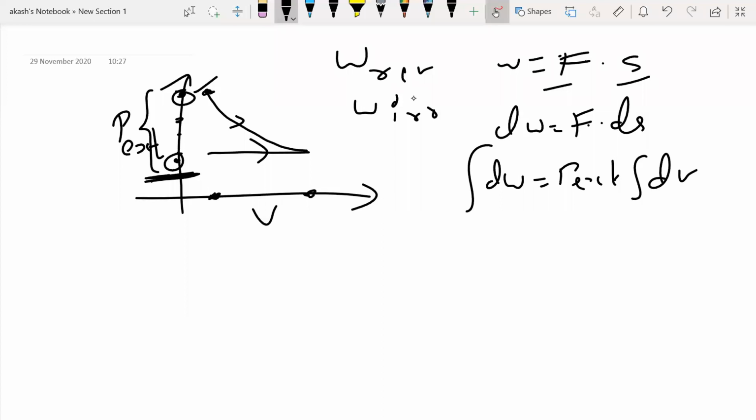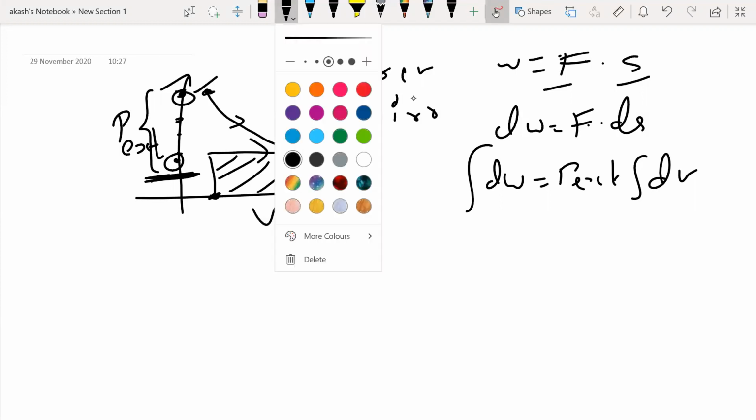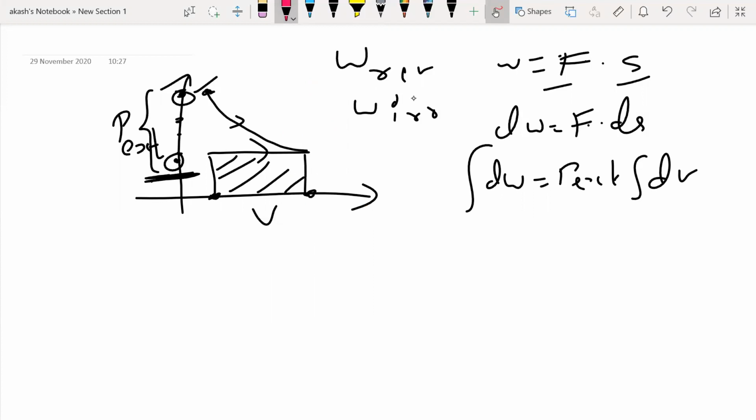Say now, if I put an integral here. Okay, so we know whenever integral comes into the picture, we have to go for area under the curve, right? So this is exactly what we do. So if you can understand the area under the curve for an irreversible plot, say now if I mark these two, this would have been the area for the irreversible process, right? And say if I take some other color and do it, right?